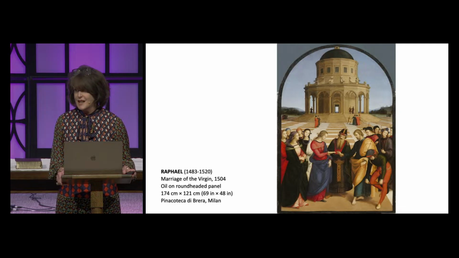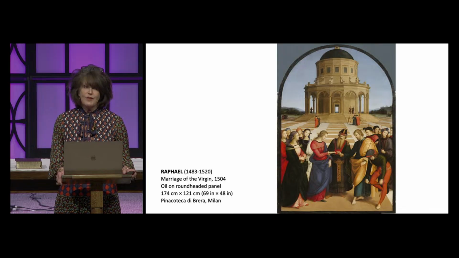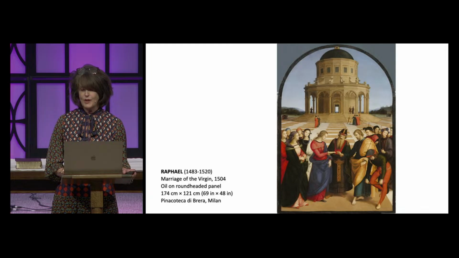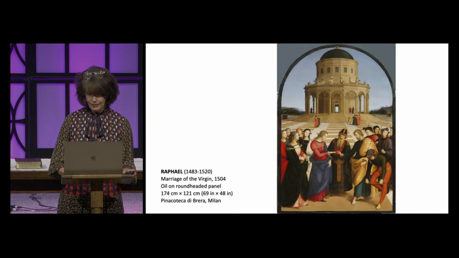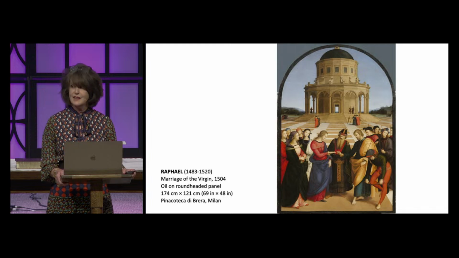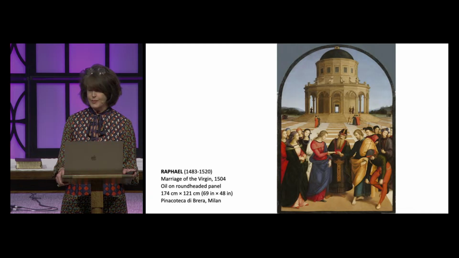And of course, it's not described in the Bible at all. This painting is one of the most famous examples of the story. It's by Raphael, and he painted it when he was 21 years old. Raphael was an Italian painter and architect of the High Renaissance, and his work is admired for its clarity of form and composition.